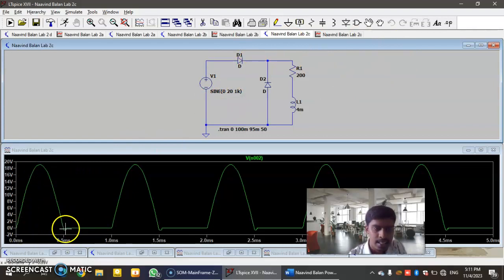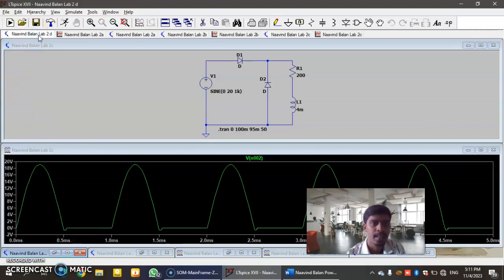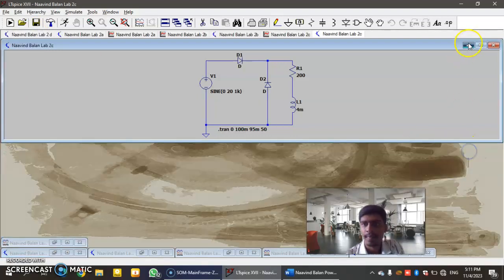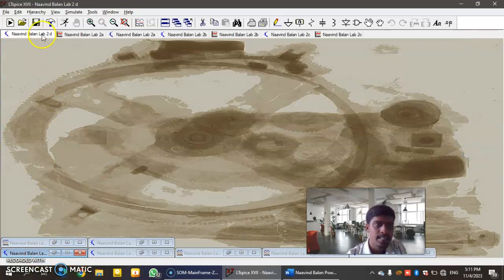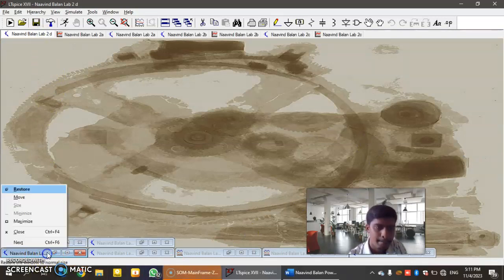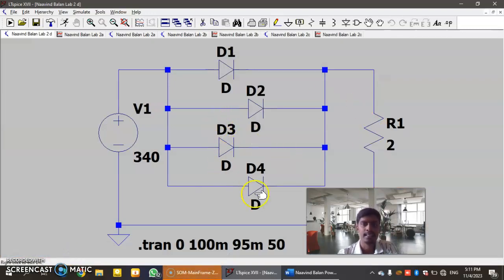This is because of the inductance, which needs to be charged and discharged. And this is the design circuit. Thank you.